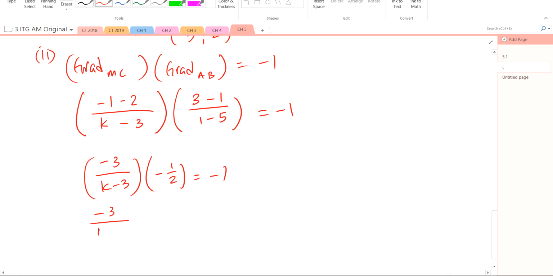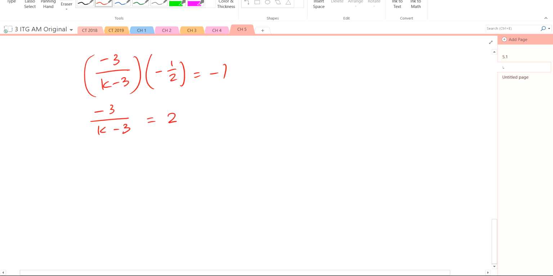Negative 3 over K minus 3 equals to 2. K minus 3 equals to negative 3 over 2. K equals to 3 minus 3 over 2, which is 3 over 2. Okay?